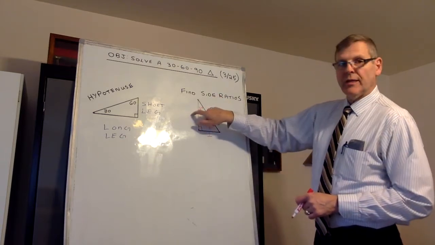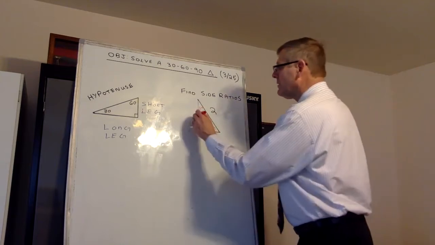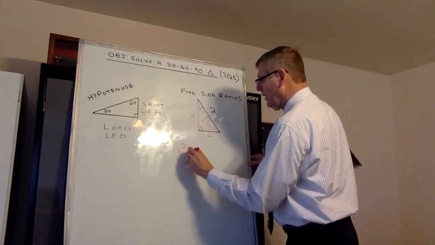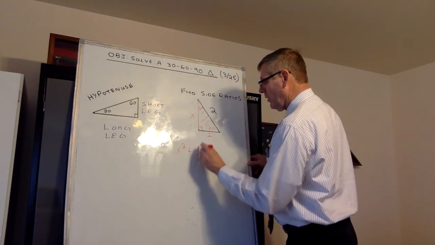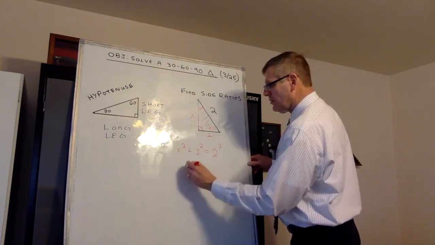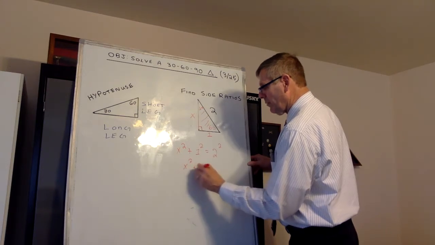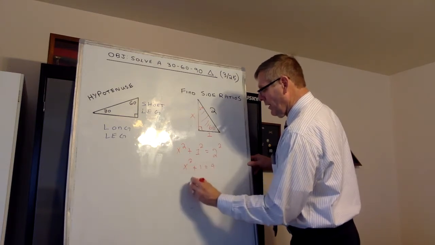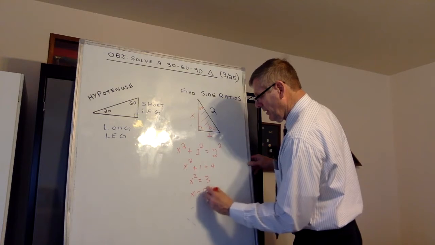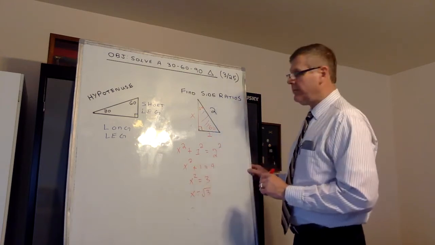And I can actually get this leg over here, because if I call this x, I know that x squared plus my other side, 1 squared, has to equal my hypotenuse squared. So that means that x squared plus 1 equals 4, x squared equals 3, or x is the square root of 3.